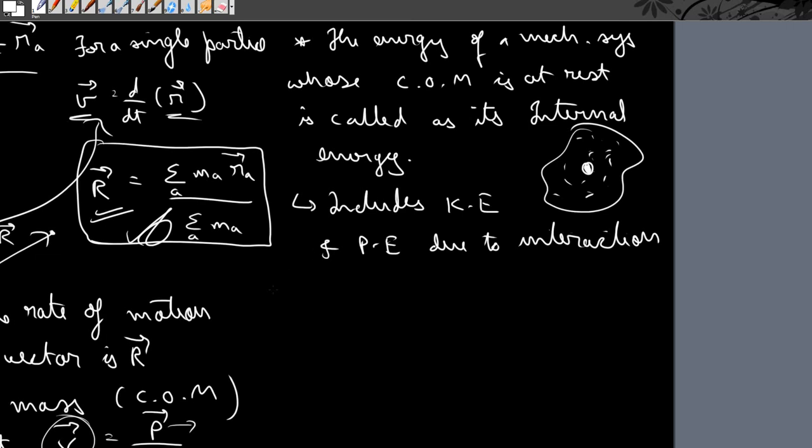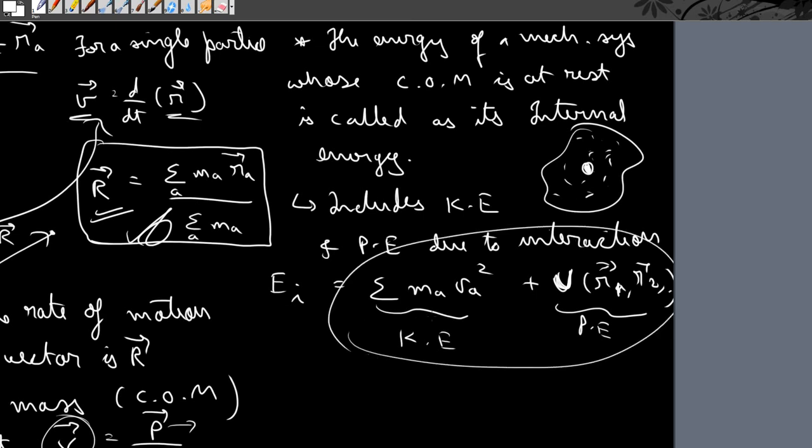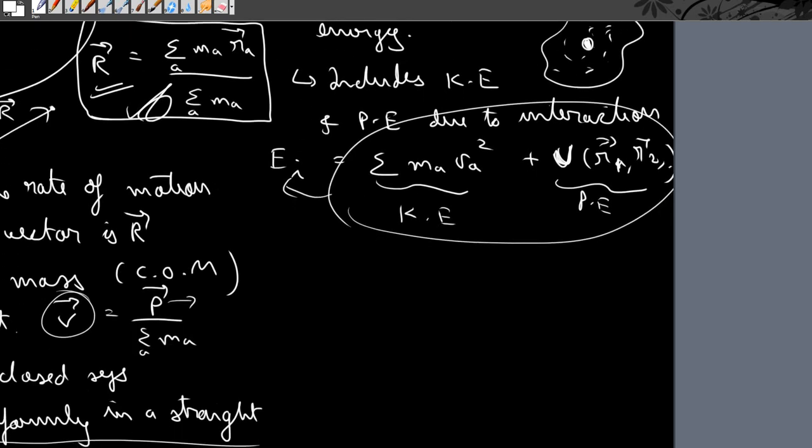All right, so this E internal is given by summation of half m_a v_a squared plus some U, where U is dependent on position vectors r1, r2, and so on. So this is the potential energy, this is the kinetic energy of the system when the center of mass is at rest, and this together is defined as the internal energy.